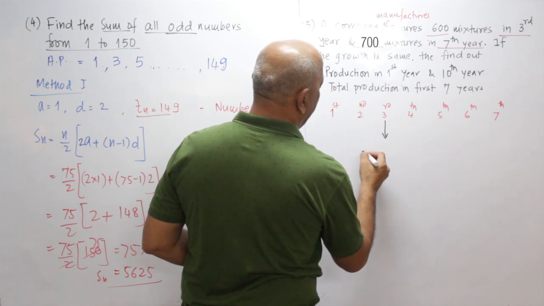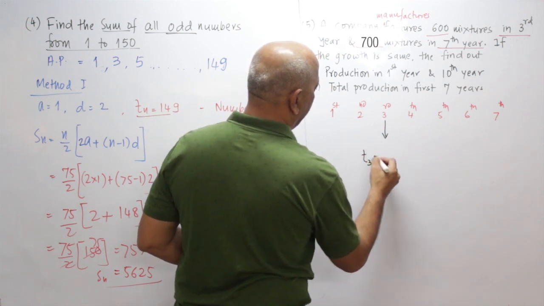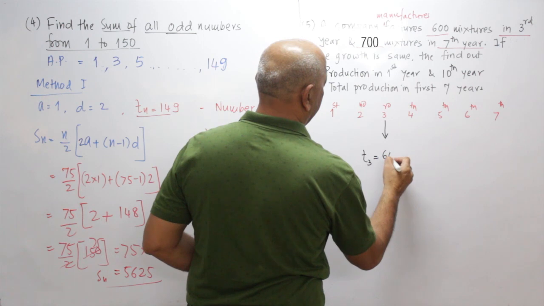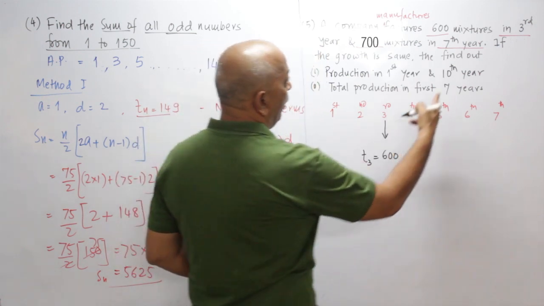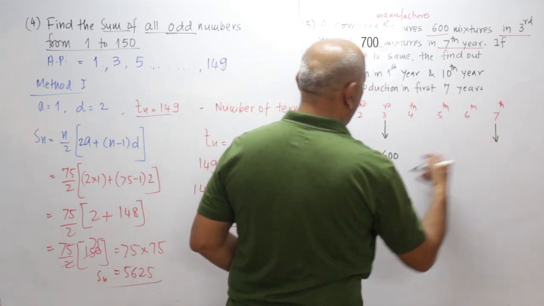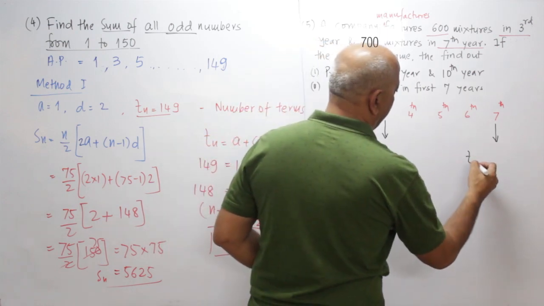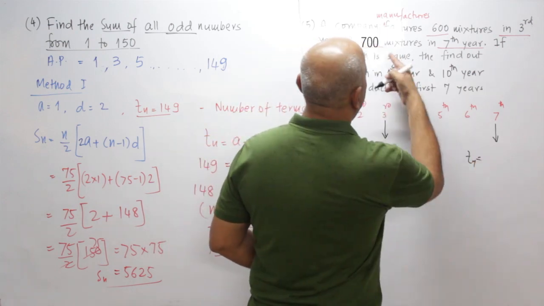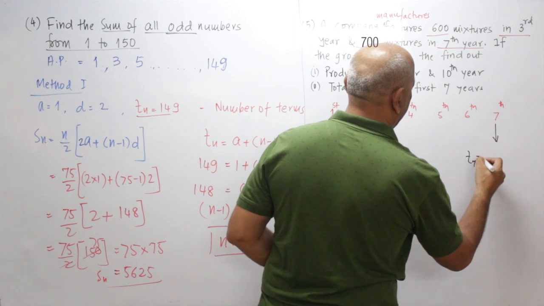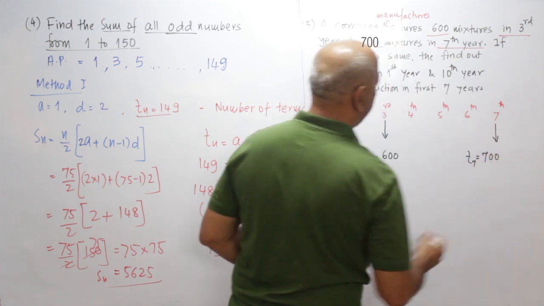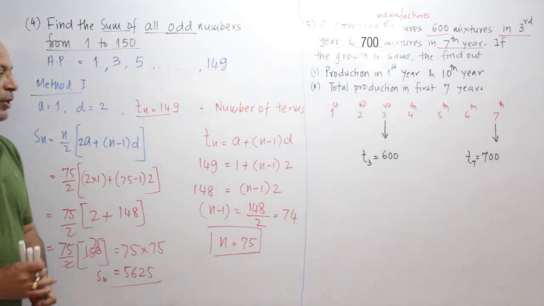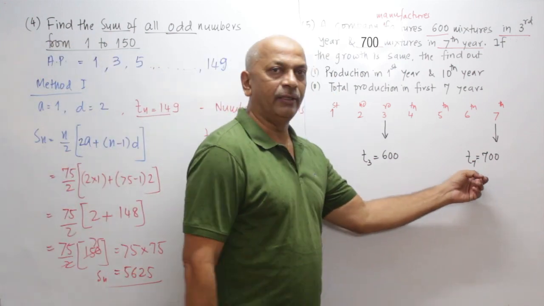So the value of T3, the third term, is 600. And how much do they manufacture in the seventh? So the value of the seventh term is going to be 700. So we know T3, we know T7.